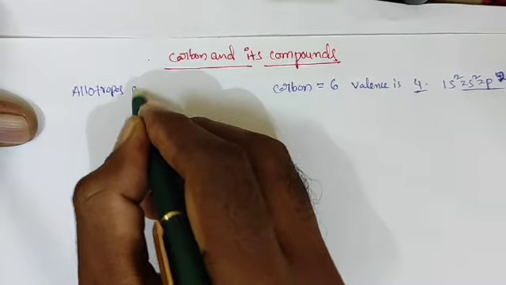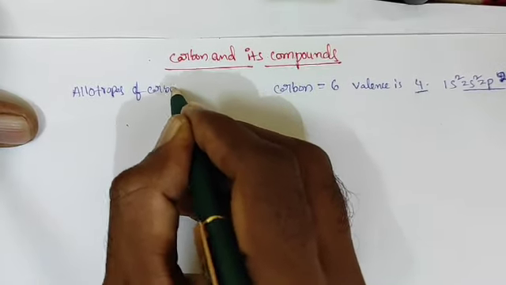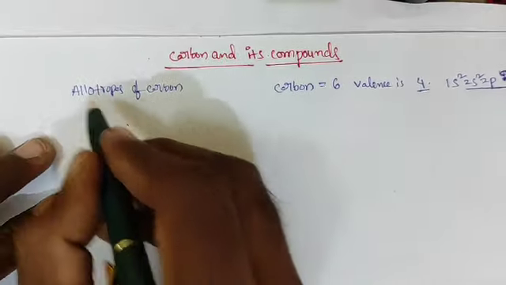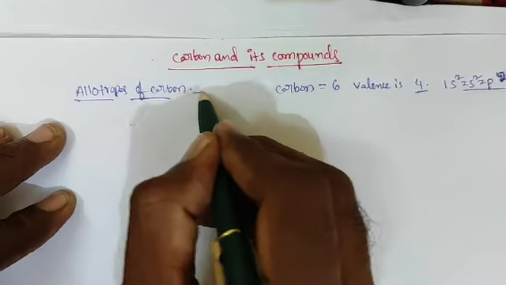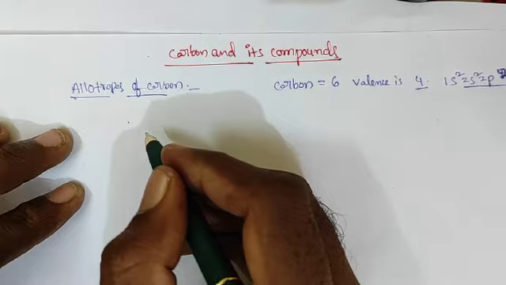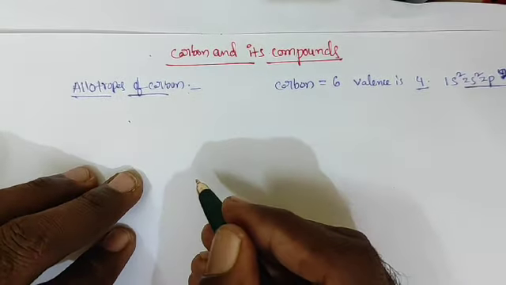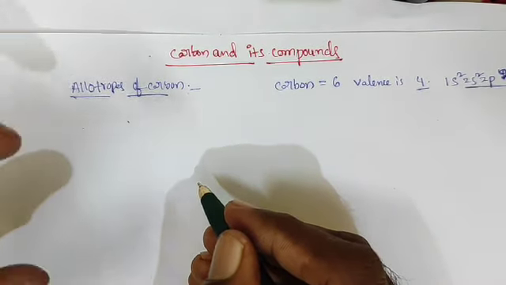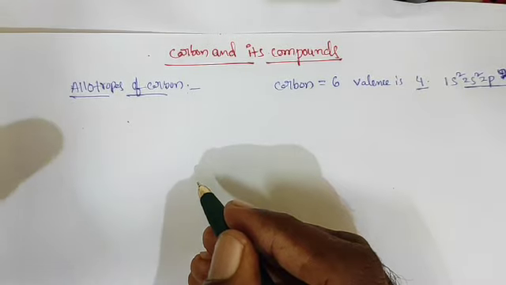Allotropes of carbon. The various physical forms in which an element can exist are called allotropes of the element.